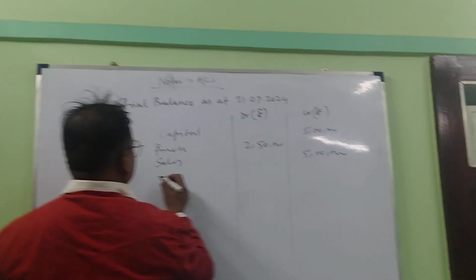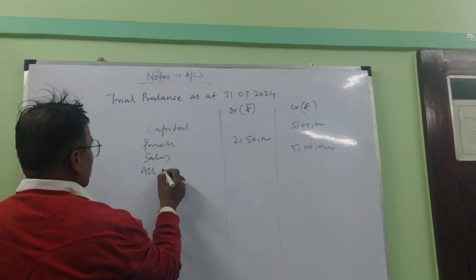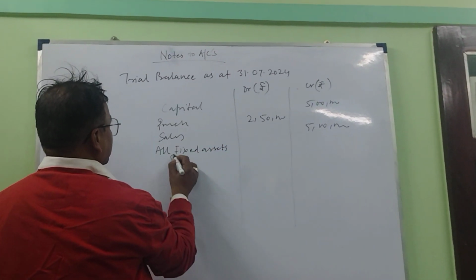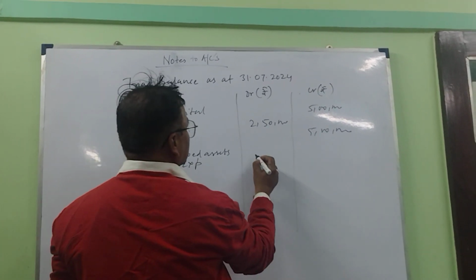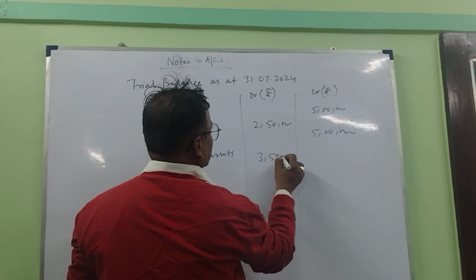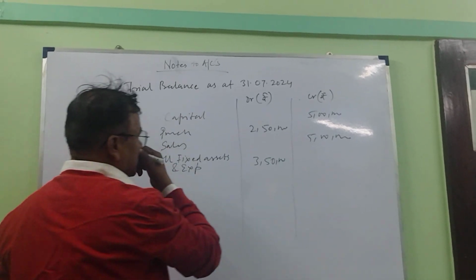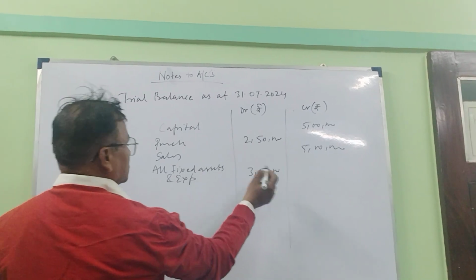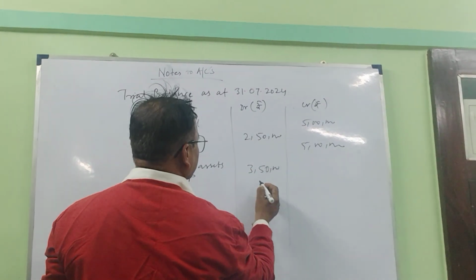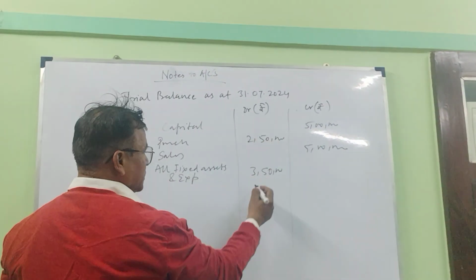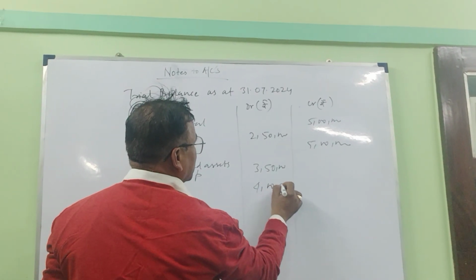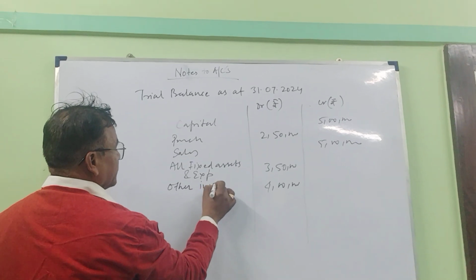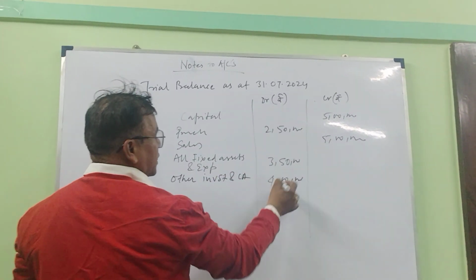And all fixed assets and expenses together, suppose this is also 350 and 250, which is 6 lakh, and there we have 10 lakh. Suppose 4 lakh is other items, other investments or whatever, and current assets, these are there.